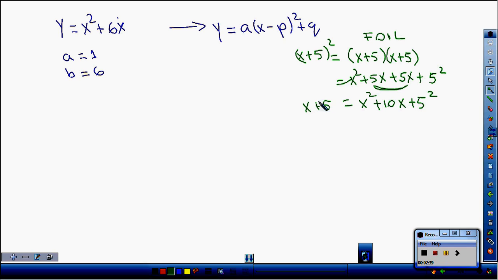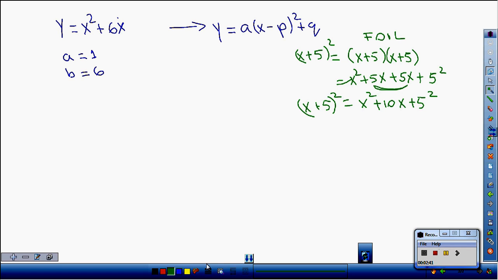Now, the middle terms are alike, so we can combine them. So we have x squared plus 10x plus 5 squared. So my (x plus 5) squared is expanded into x squared plus 10x plus 5 squared.